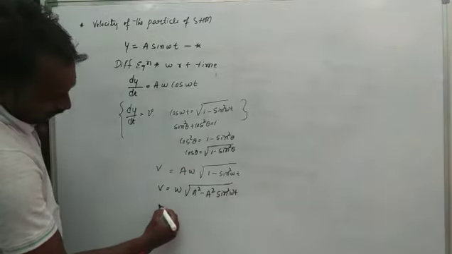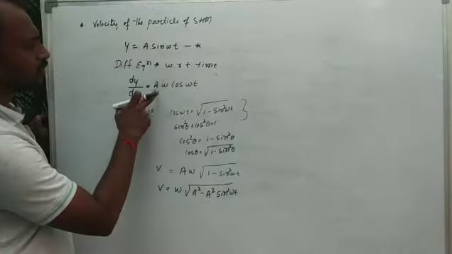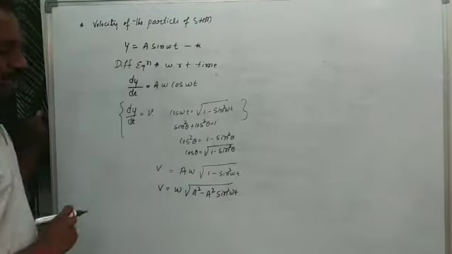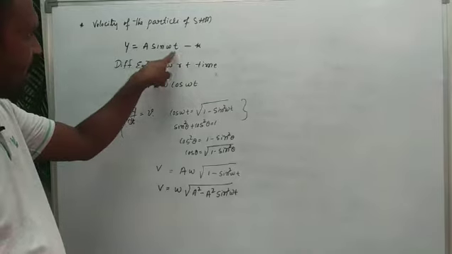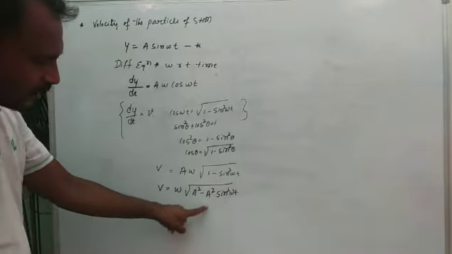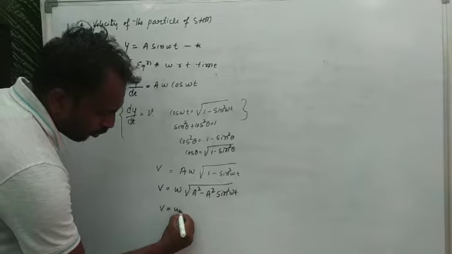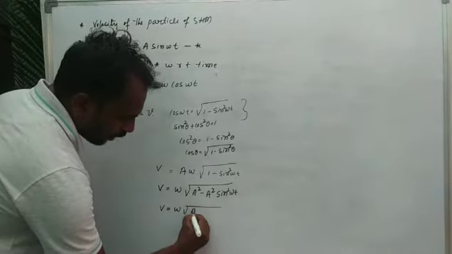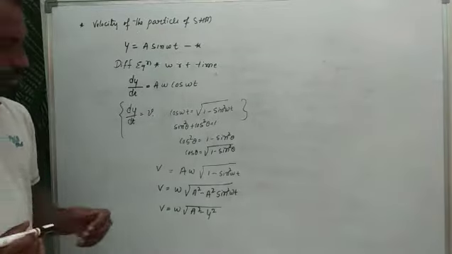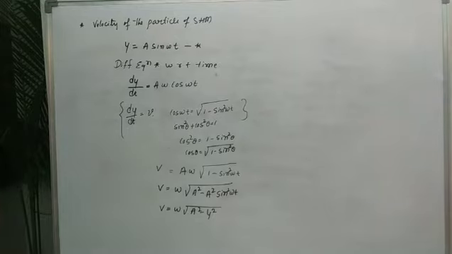You already know y is equal to a sine omega t, so a sine omega t is nothing but the displacement y. So a square sine square omega t is y square. So v is equal to omega root of a square minus y square.